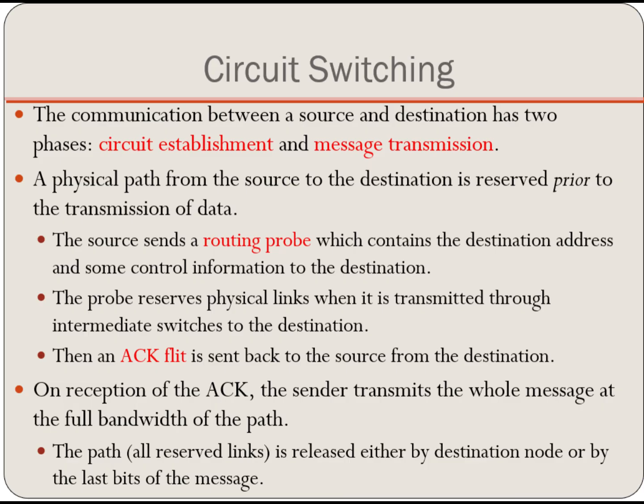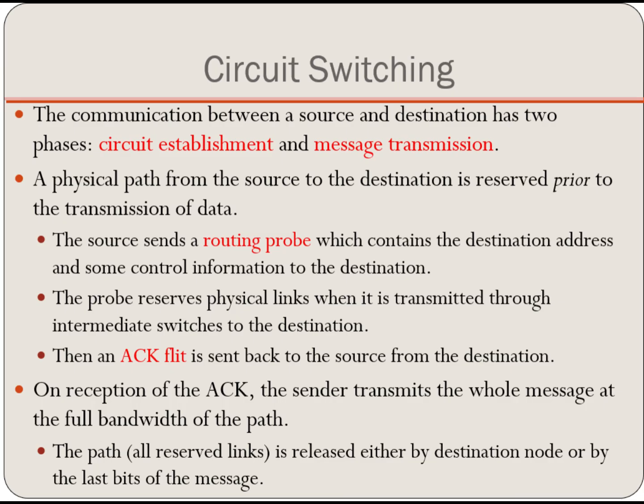If eventually the probe cannot go through to the destination, then you need to revoke those reserved links. You need to do that. Another way is that if you are not 100% sure this probe goes through this particular path and can reach the destination, the reservation is done by acknowledgement.